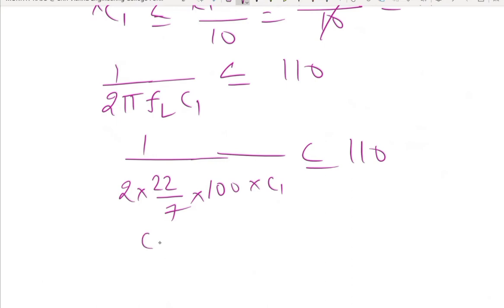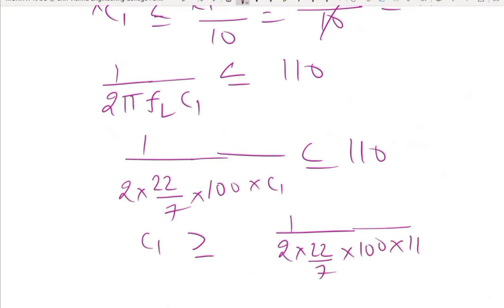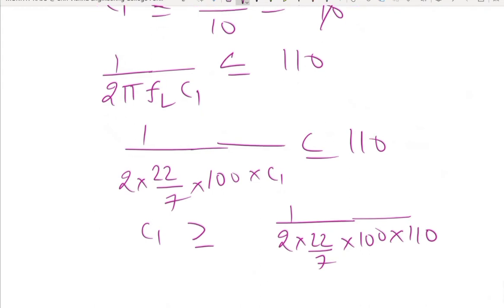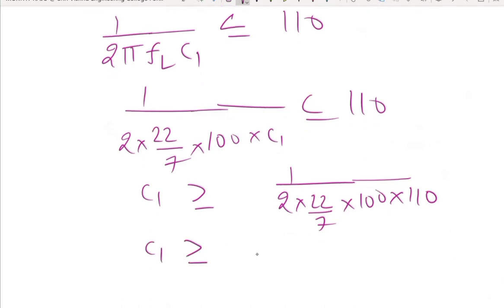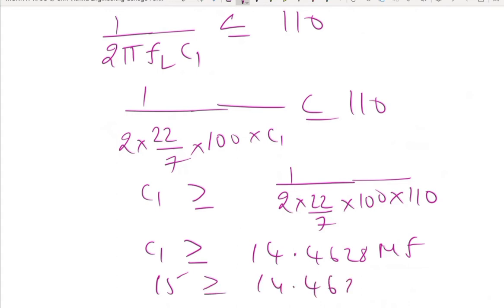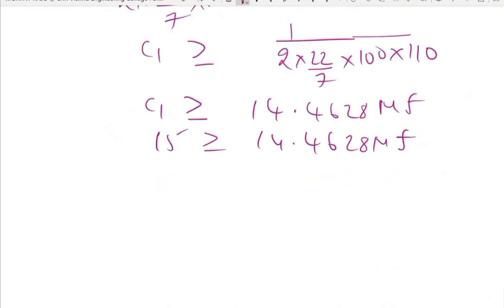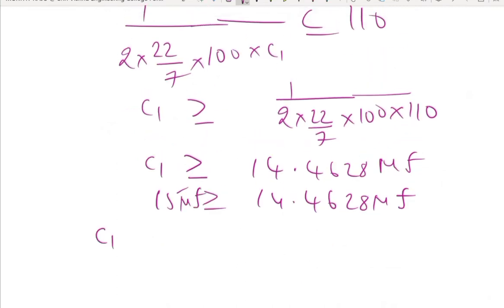Finally, C1 greater than or equal to 1 by 2 into 22 by 7 into 100 into 110. Therefore, C1 is greater than or equal to 14.4628 microfarad. So C1 value is 15 microfarad.